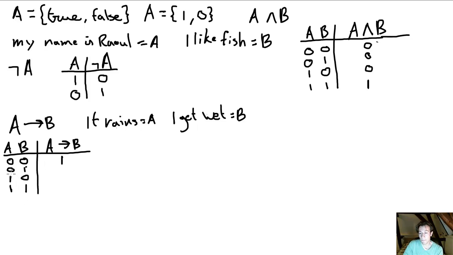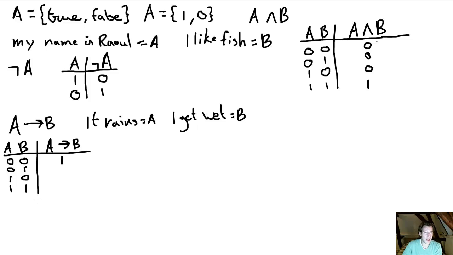So this 0 means that it doesn't rain, but I'm wet. This is a confusing one. It's a bit confusing because I can get wet in different ways. That's how they state it.